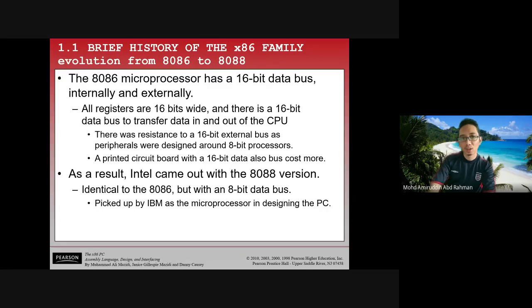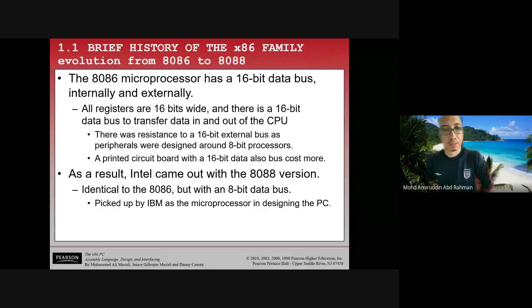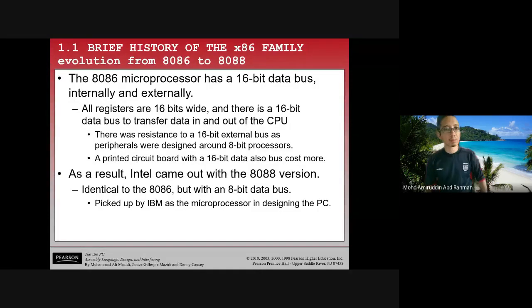So actually the 8088 processor can be produced much cheaper. Okay, so it is much cheaper to buy the 8088 processor. So this processor was picked up by IBM.